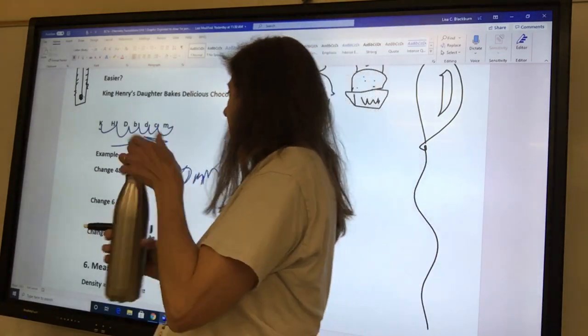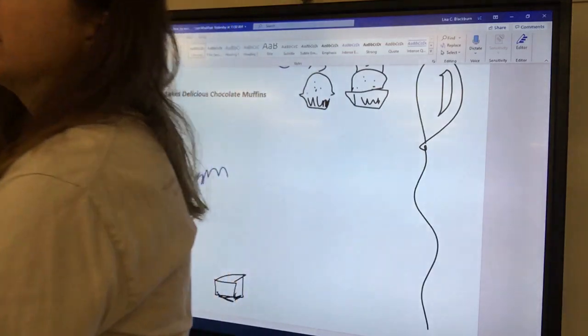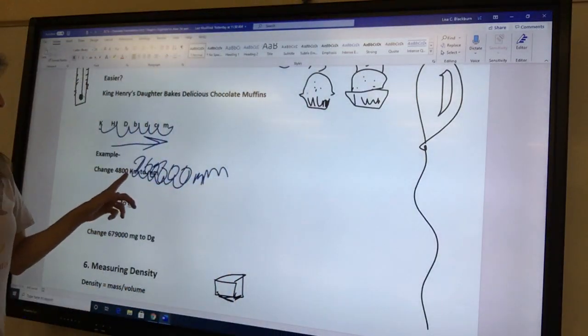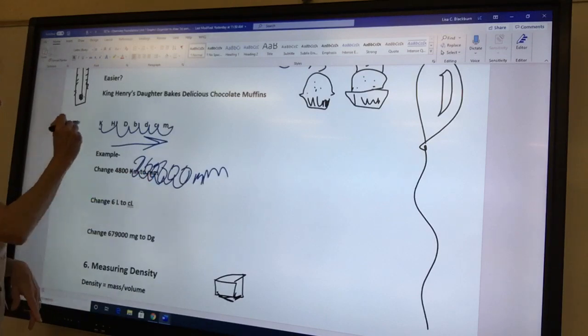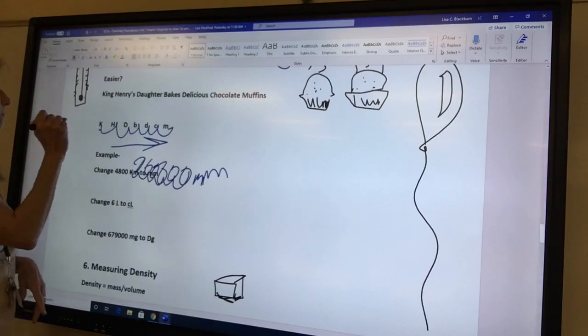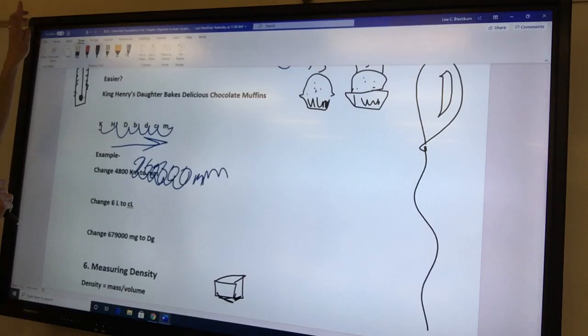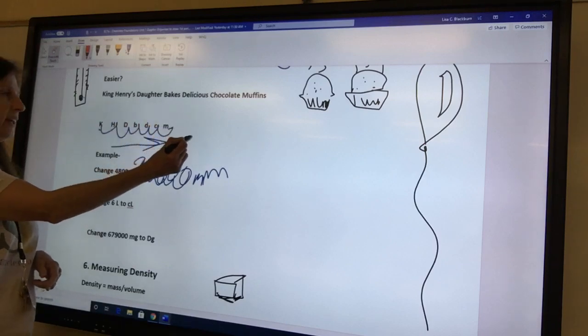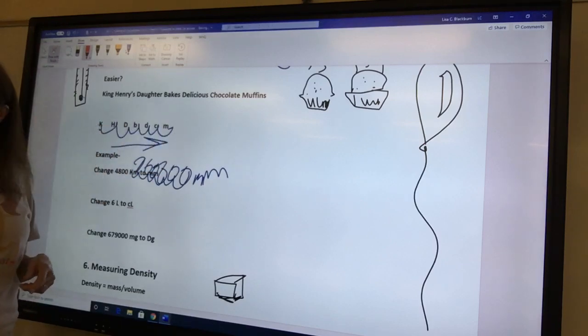All right, so I showed you last time that how you do this is you frog hop. If we wanted to change kilometers to millimeters, you start where kilometers is, and you count how many hops it is over to where you want to go and in what direction.